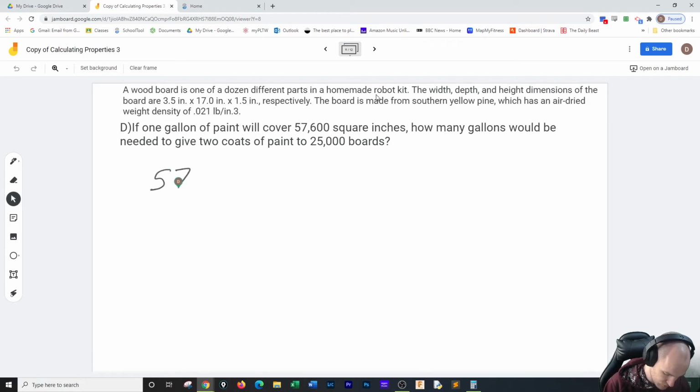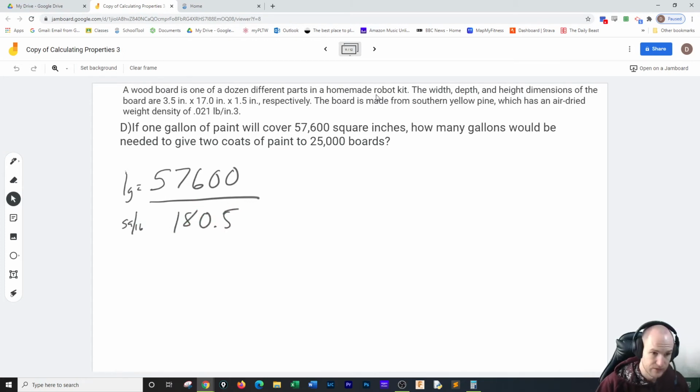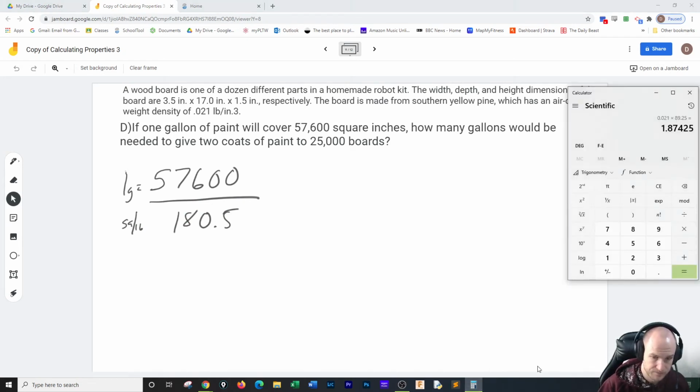So how many boards does 1 gallon cover? So I'm going to say 1 gallon equals this, divided by the surface area for 1 board, which was 180.5.